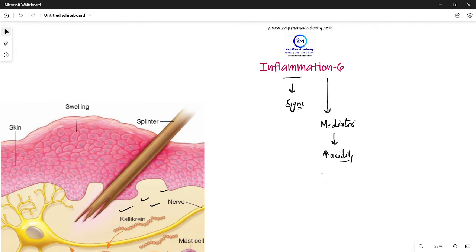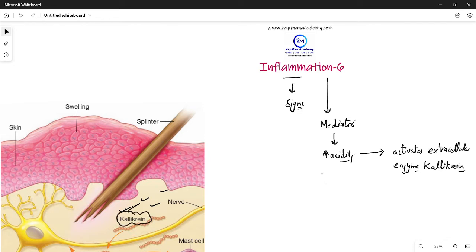This increased acidity activates the extracellular enzyme known as kallikrein. You can see here the kallikrein is present in the tissue fluid.